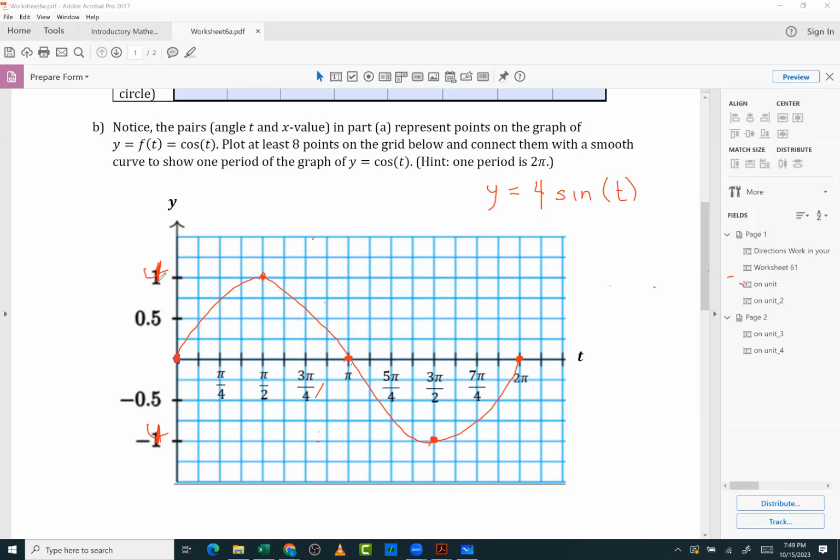At 0, it's 0, because 4 times 0 is 0. At pi over 2, it's 1, 4 times 1 is 4. At pi, it's 0, 4 times 0 is still 0. At 3 pi over 2, it's negative 1 times 4, which is negative 4. You see, I got all the points right. All I did is change the axis. Why do I have to redraw it?